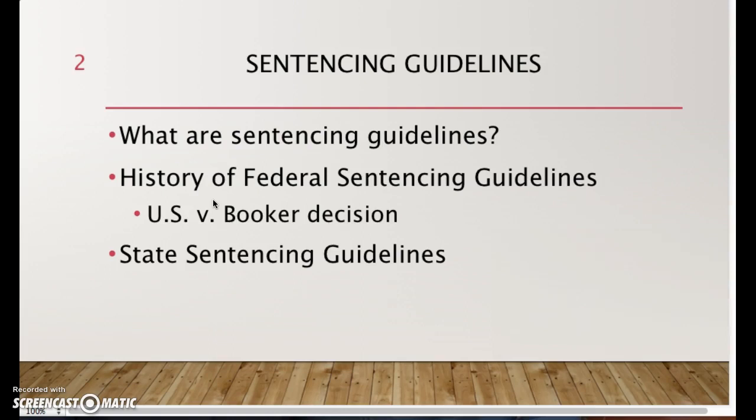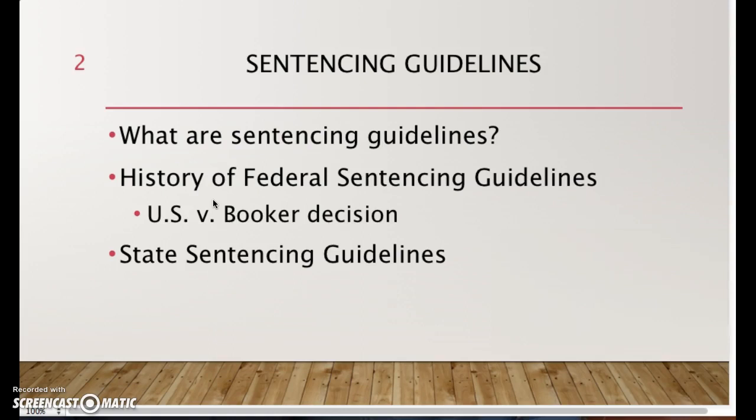The federal sentencing guidelines accomplished the goal of imposing consistency in sentencing, but many legal professionals felt they were too rigid. In 2005, in the case of United States versus Booker, the guidelines were changed, and the Supreme Court ruled that mandatory sentencing guidelines were unconstitutional.